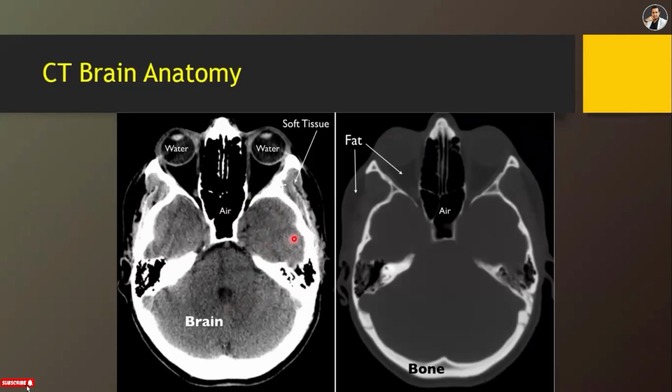But these images show you the different windows in the head CT scan. The first image is a brain window, or soft tissue window.